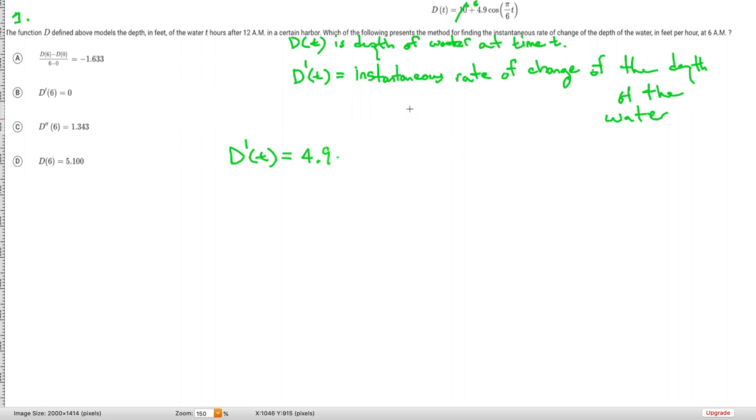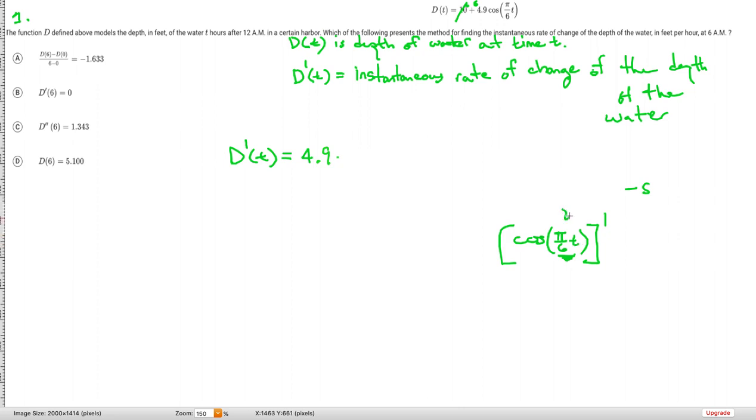I'm trying to find the derivative now of cosine of pi over 6 times t. We should know that the derivative of cosine is negative sine. So I have to think of this part as my inner function, the pi over 6 times t.